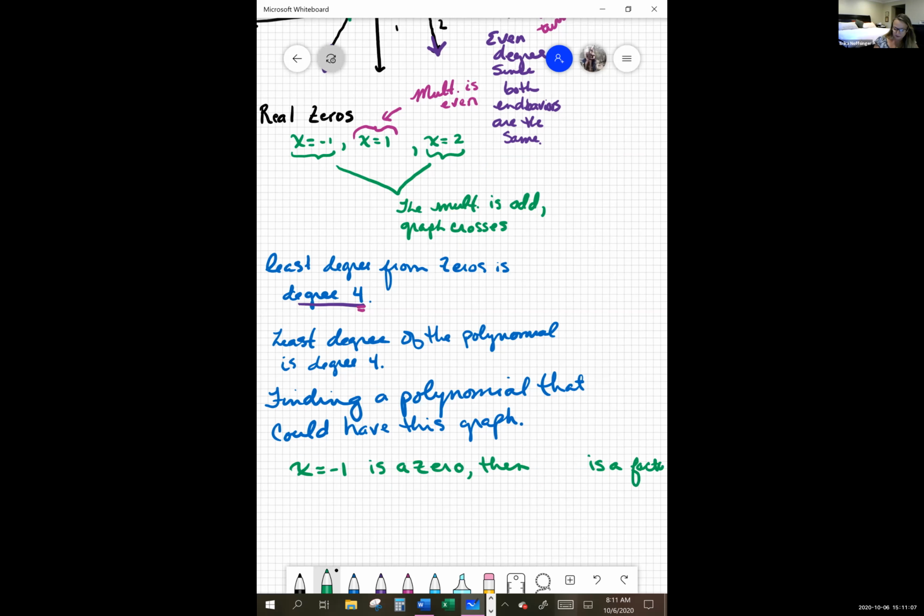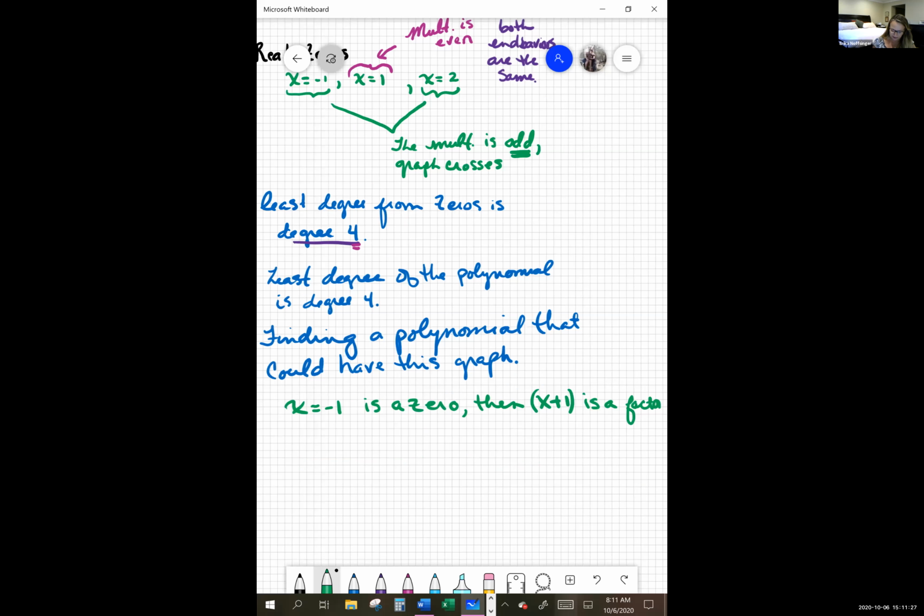Yep, so x plus 1. So another way to think of it is if I was to set this equal to 0, I would have to add 1. So x plus 1 is our 0. And we said that this one had an odd multiplicity, and we were only counting it to have 1.